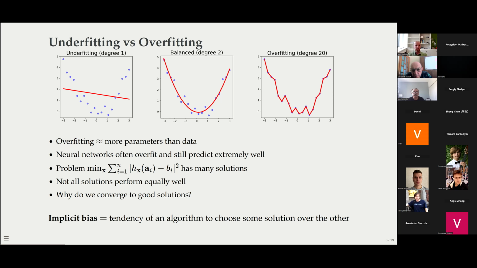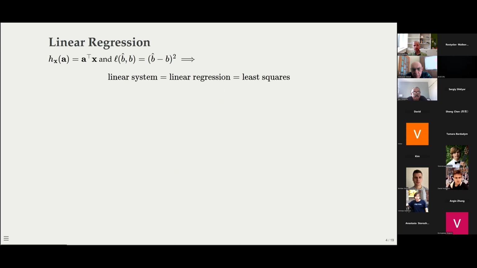Let's start from linear regression. This is probably the example of implicit bias that you're mostly all familiar with. Linear regression means that we have a linear function h and a quadratic loss. We can call it least squares, linear system, whatever.